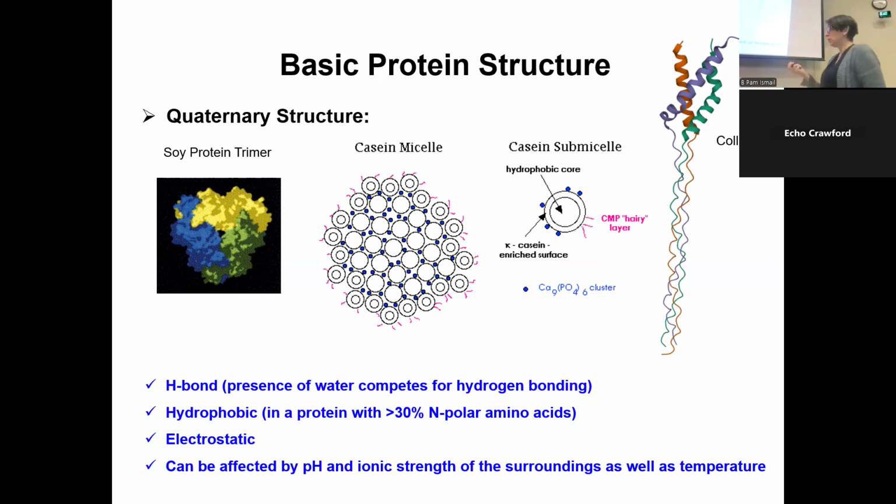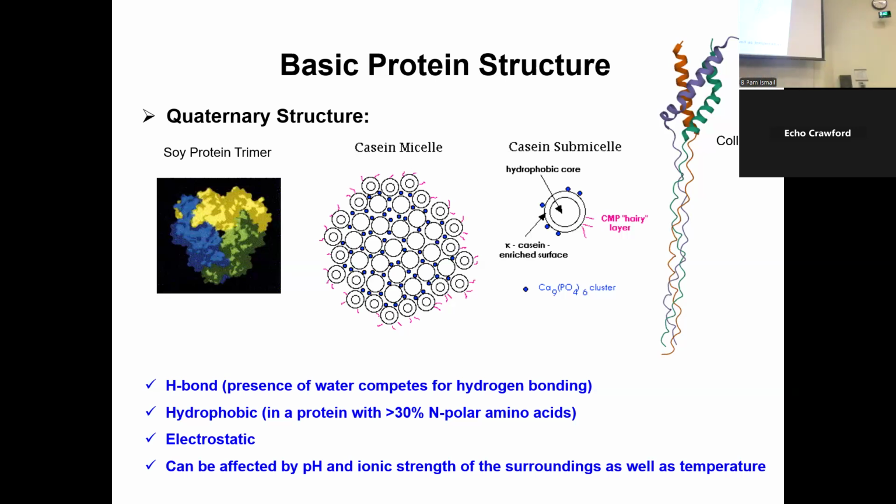Sometimes the quaternary structures are stabilized only by hydrophobic bonds. Sometimes if there are free sulfhydryl groups somewhere, they can get close to each other and also be stabilized by disulfide linkages. So it depends on the protein and the composition of the protein. Now, casein is not a plant protein, but it does have a high degree of hydrophobicity, especially beta casein, very hydrophobic.